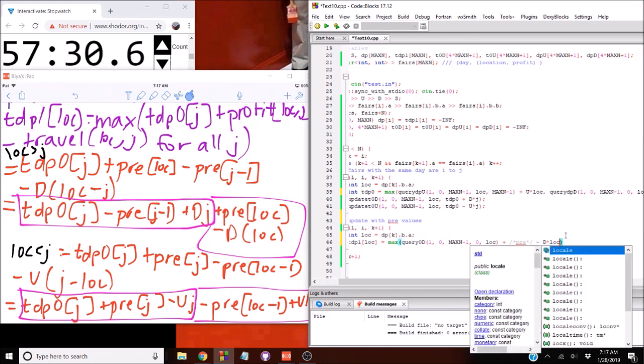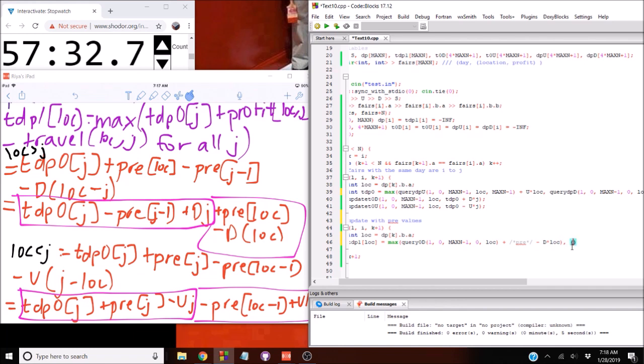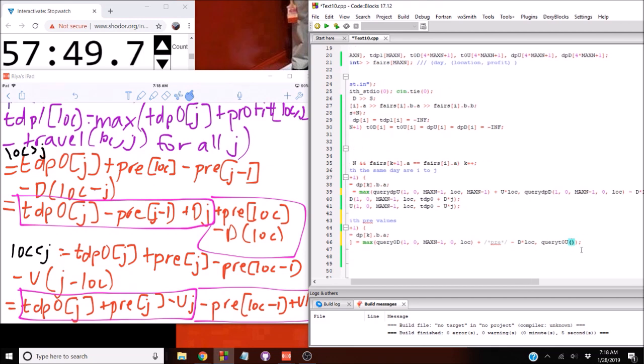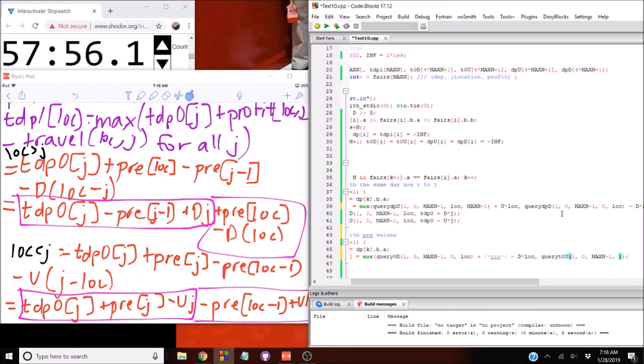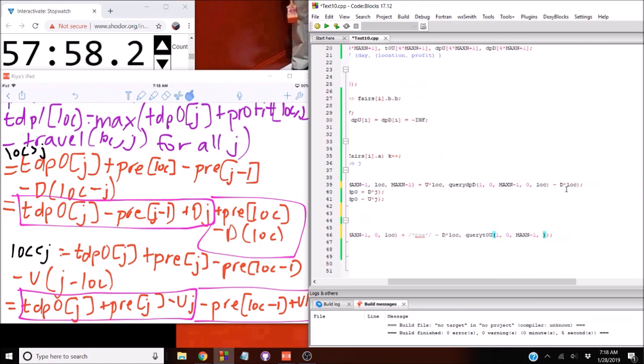Okay, and it's the max of this one query here, and the second query. What is this? Okay, cool. This is query T0 U, and this is lock is less than j.